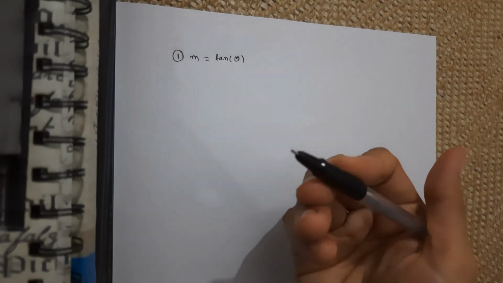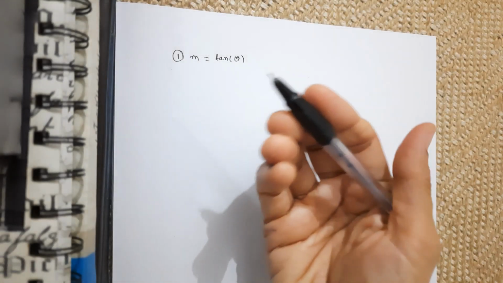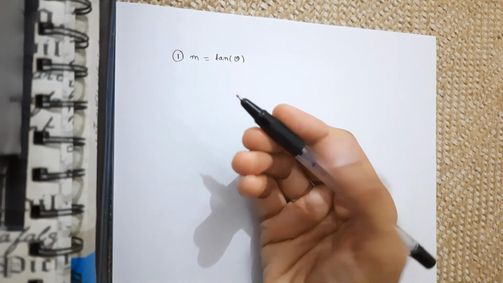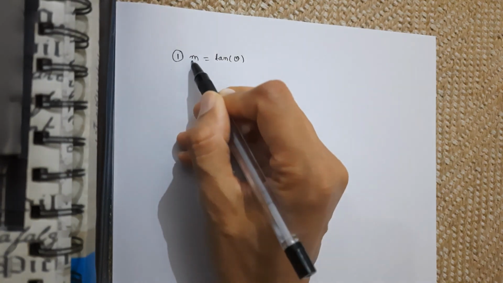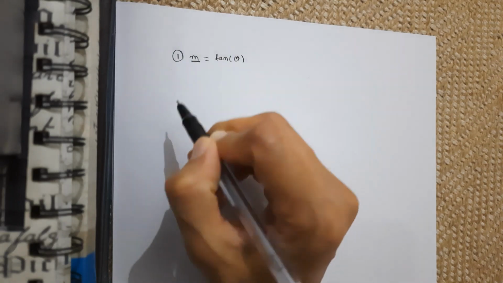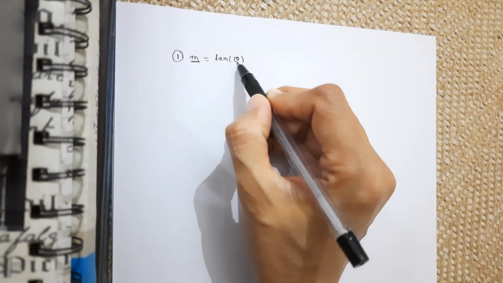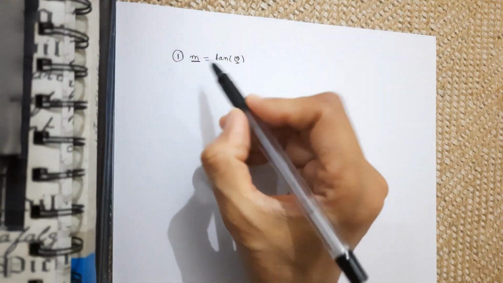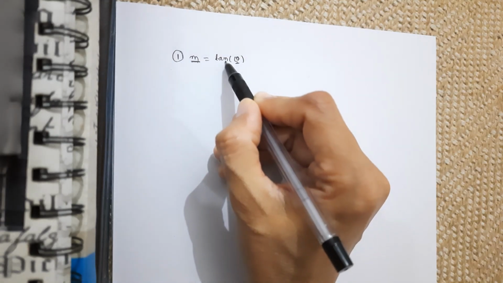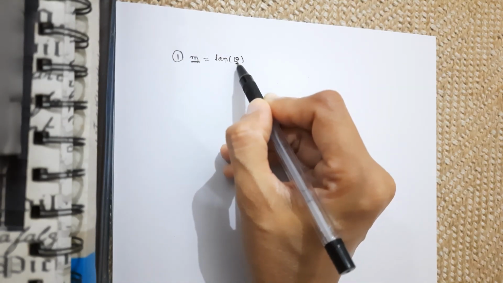Today we are going to discuss some problems based on the formulas and information we discussed in the previous lecture. What we discussed is, first, if m is the slope of a straight line and theta is the angle of inclination, then the slope is always given by the tangent of the angle of inclination.